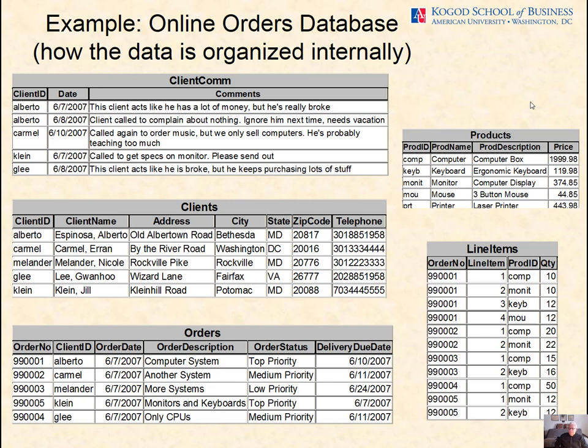How about line items? In line items, I can no longer use a single column because the order number, as you can see, gets duplicated. So order number 99001 has 4 rows. Order number 990002 has 2 lines.